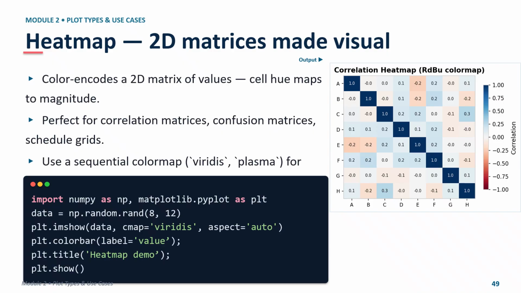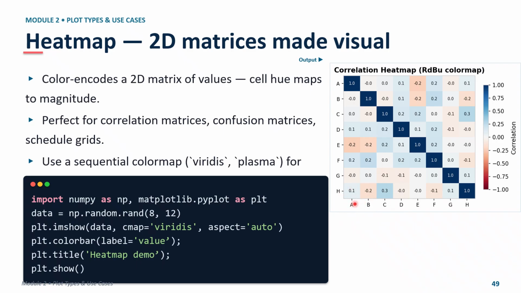And now let us see about heat maps. Heat maps are tools used for visualizing 2D matrices, anywhere you have data that naturally forms a grid with a value in each cell. A heat map takes a 2D array, say rows and columns, and the color of each cell is based on its value.